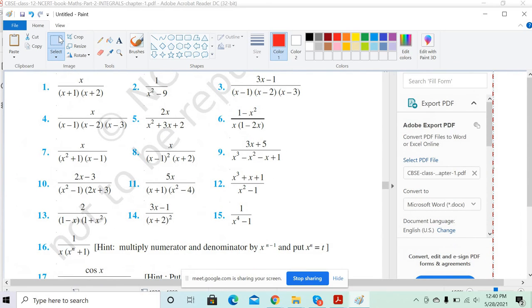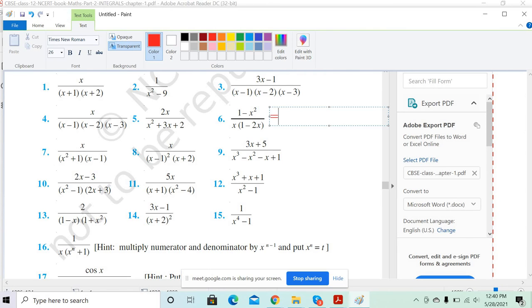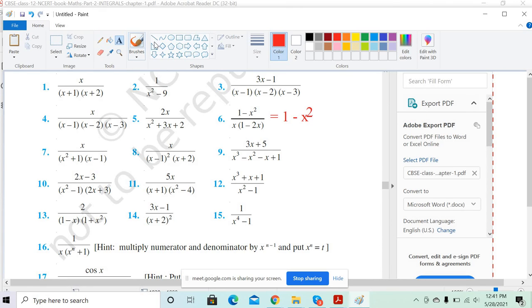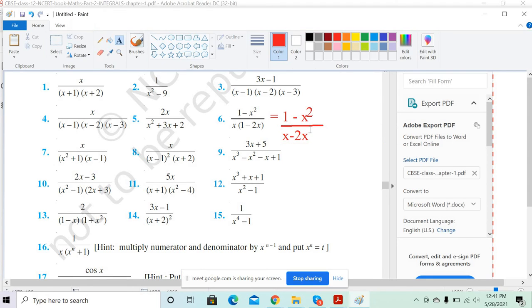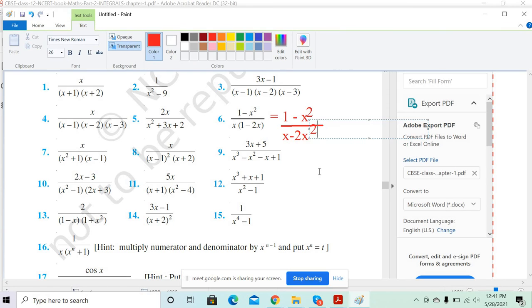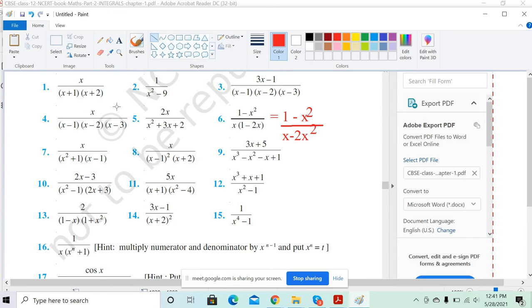Okay. So this will be given as, let's see, equal to 1 minus x square divided by x minus 2x square, right? Now we'll do the normal division method.